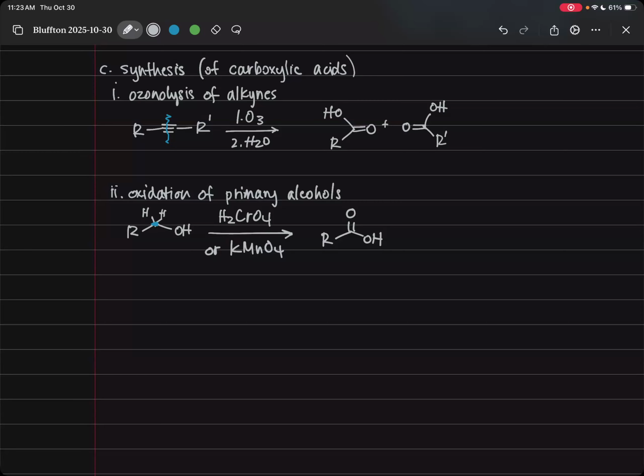There were a couple other reagents we talked about during the aldehyde and ketone section that you can also use for oxidations, like PCC, DMP, that sort of stuff. But in this case, those, especially PCC, are not adequate.